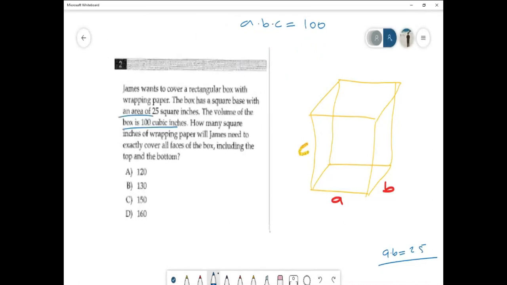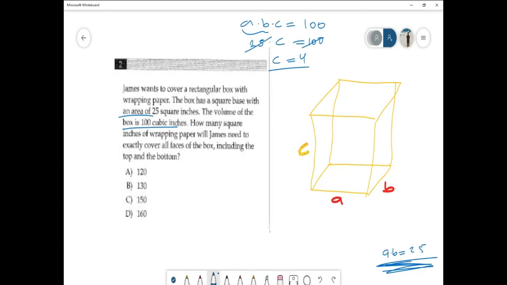Let me explain it again. It says volume is 100, right? If volume is 100, then base times height, which is C, is equal to 100. I know A times B is 25, it's given. 25 times C is equal to 100.